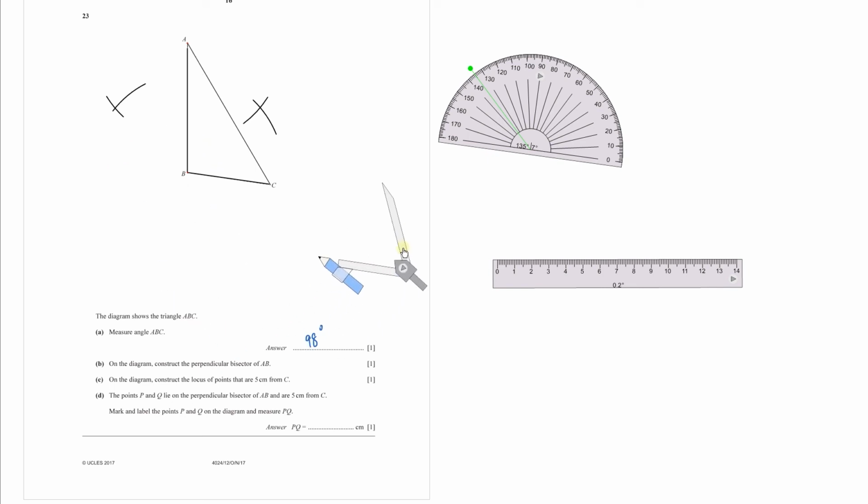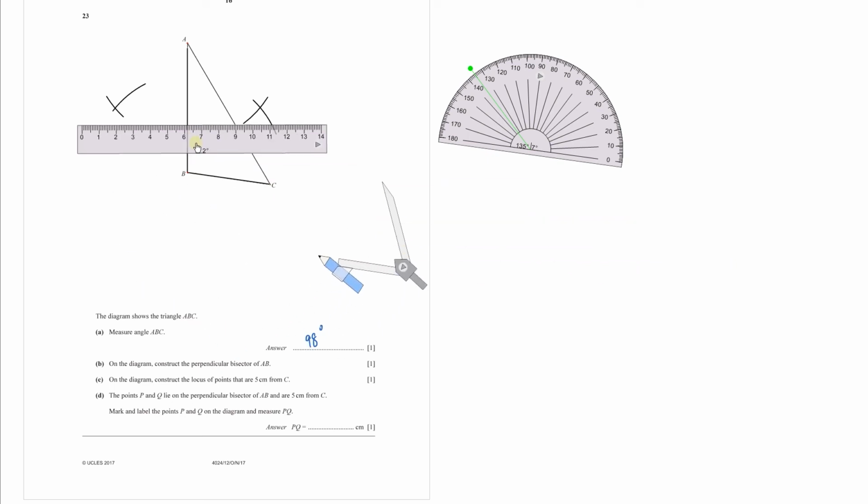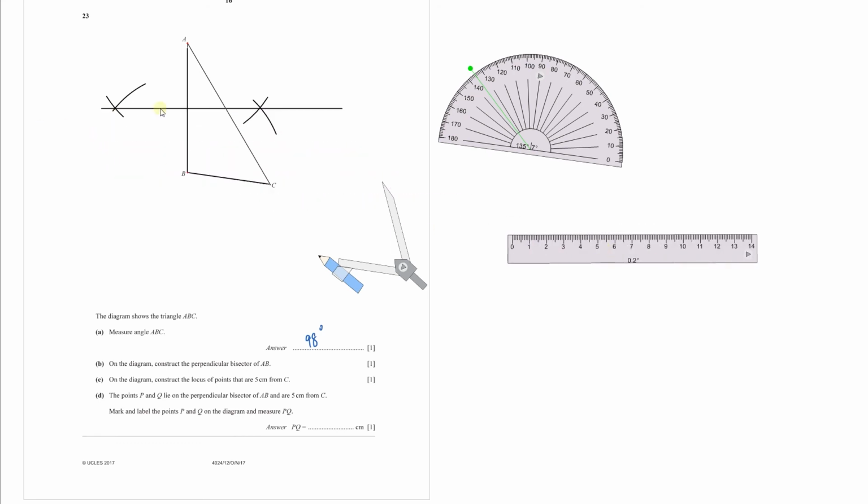Then if I join these two points by a straight line, that will give you the bisector for line AB. So this looks good. Let me draw this. So this is your bisector of line AB, or the perpendicular bisector.